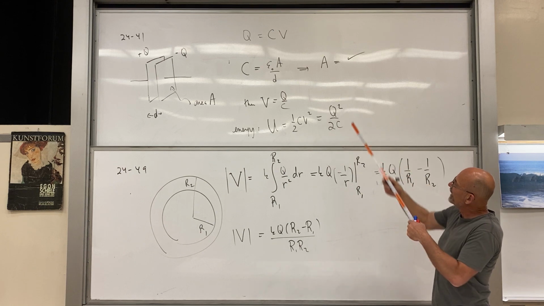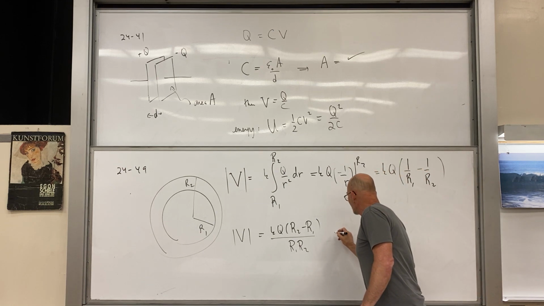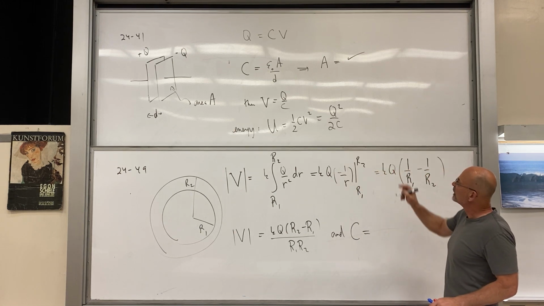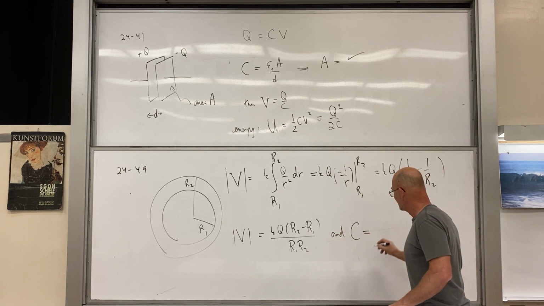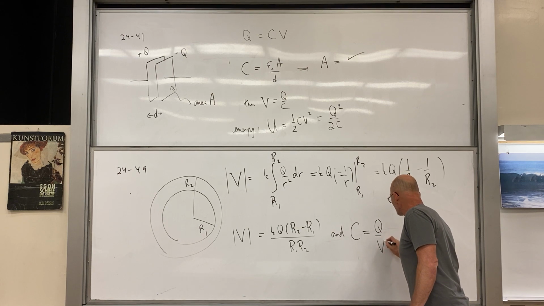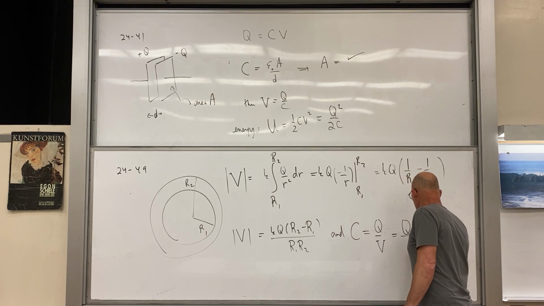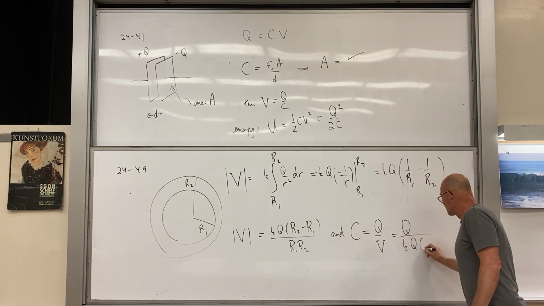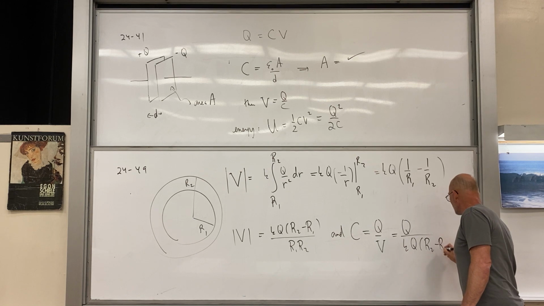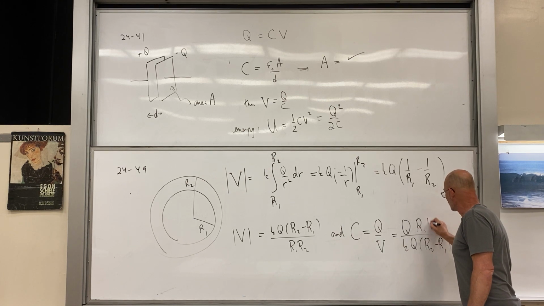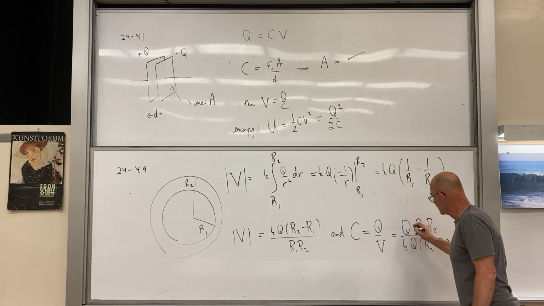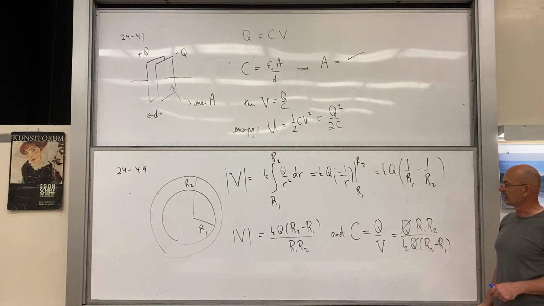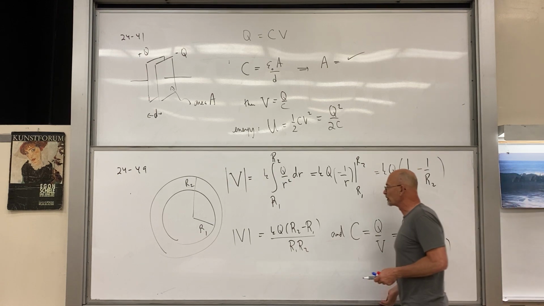Now what we want is the capacitance, C, which is just Q divided by V. Well, we'll just invert this thing. We'll have 1 over K times R1 R2 over (R2 minus R1), and we see what the capacitance is. And they gave it to us in the book, right? So let's just write this down.